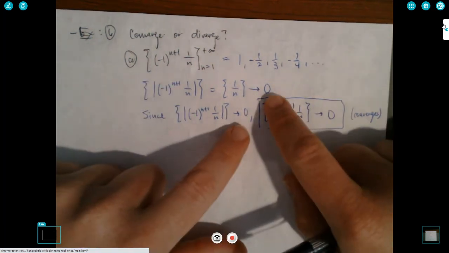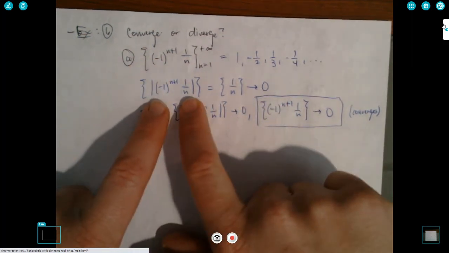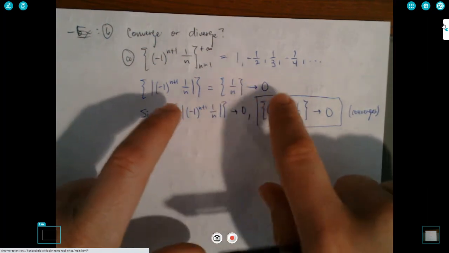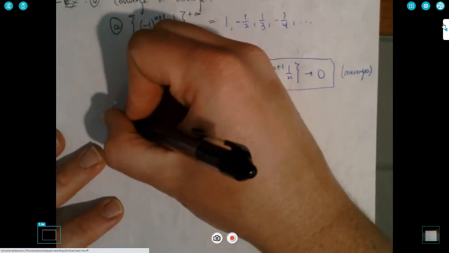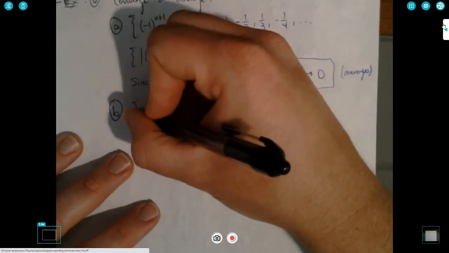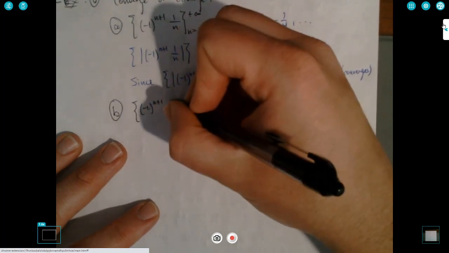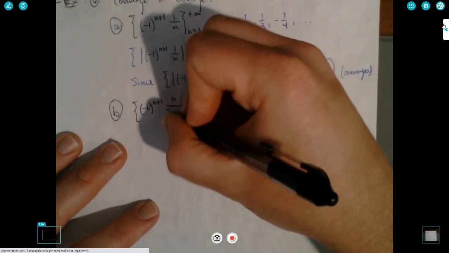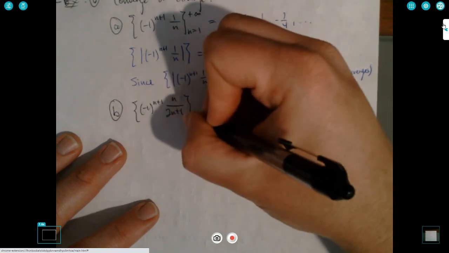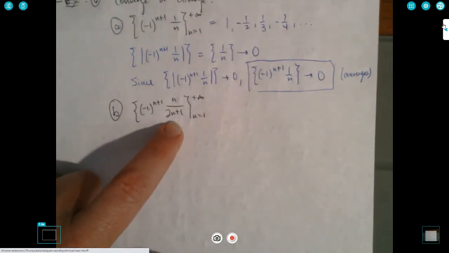Now here you have to be careful because it has to go to 0 specifically. It's not enough for the absolute value of this thing to just converge. It has to converge to 0 specifically. So let me give you another example. Let's say that we were looking at (-1) to the n plus 1 times n over 2n plus 1, from n equals 1 to positive infinity. Now we've already looked at this piece. We know that this piece goes to 1/2.